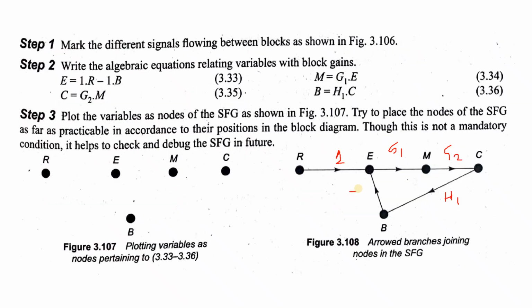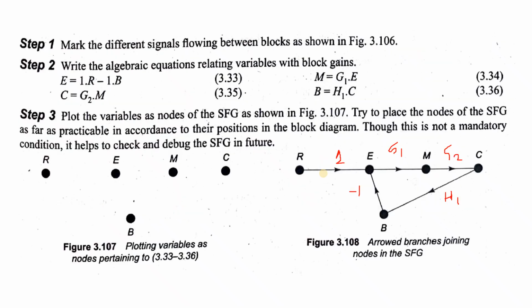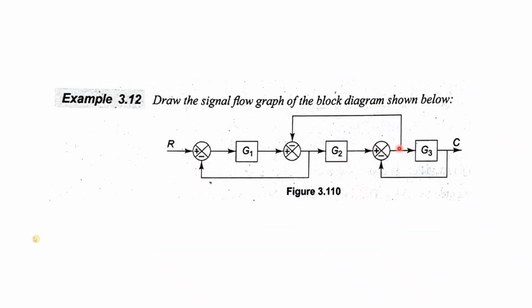And from B it is connected to E, but it is a negative feedback, so it is -1, because no block means it is 1. So see, it is written over here 1, G1, G2, H1, -1. You can see this particular block diagram has been represented as a signal flow graph so easily. This is the way to represent it.